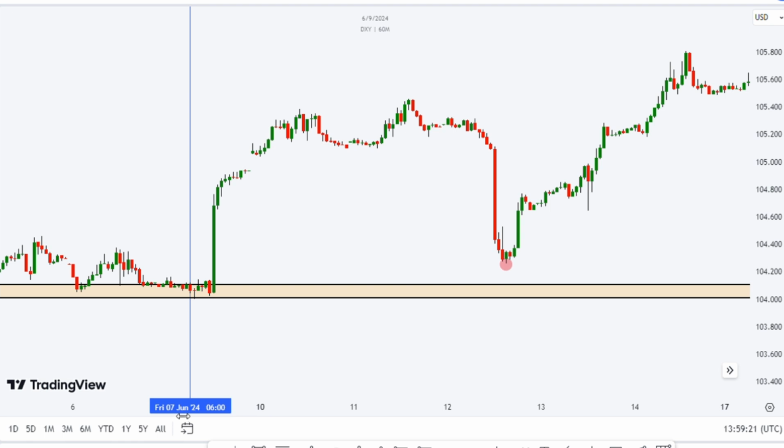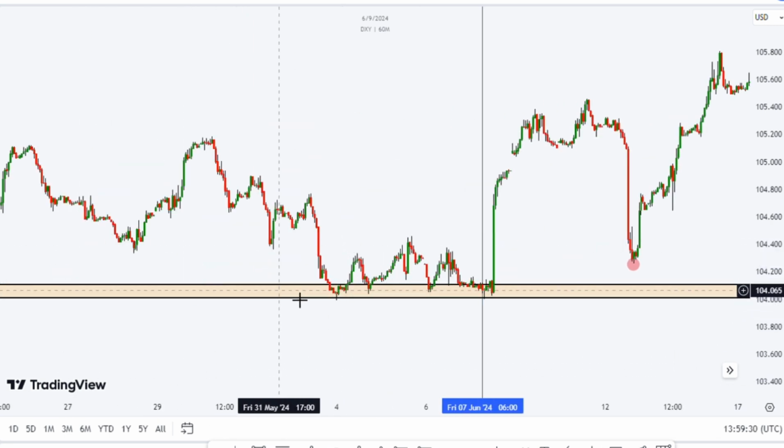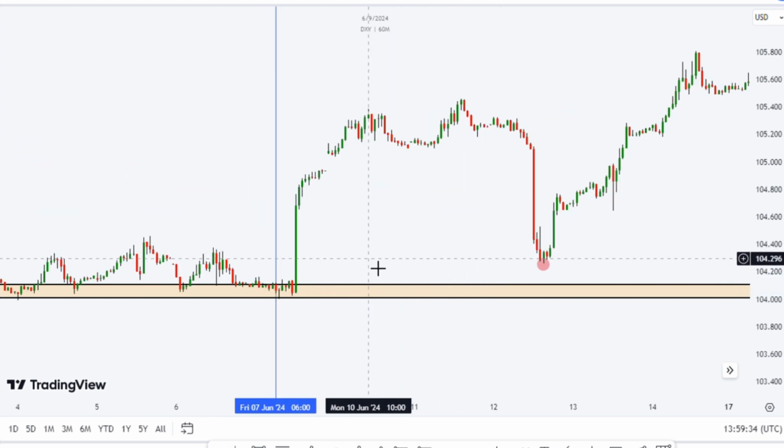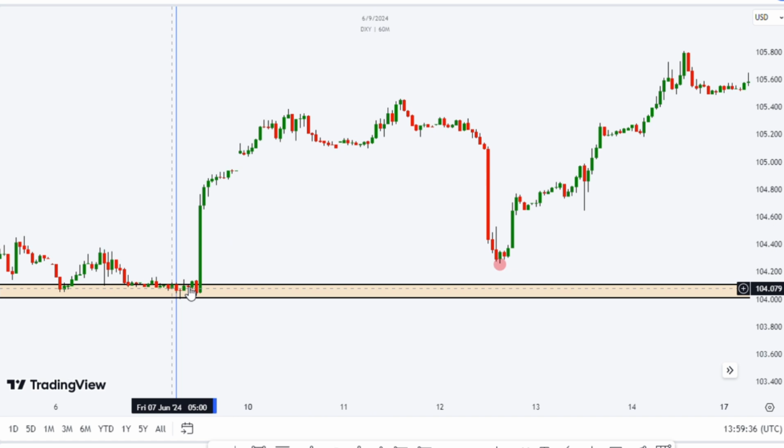So that is on Friday, June 7, 2024 at 6 a.m. We've seen that price is now resting on a support level, and we expect price to be bullish from just around here.